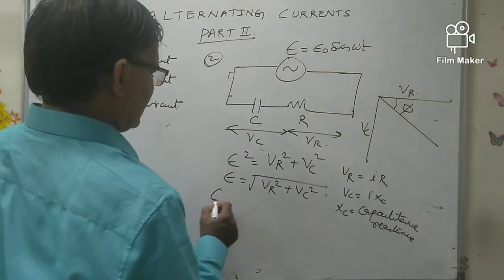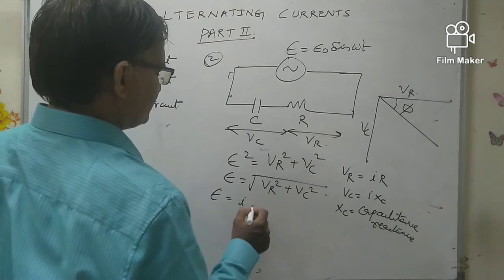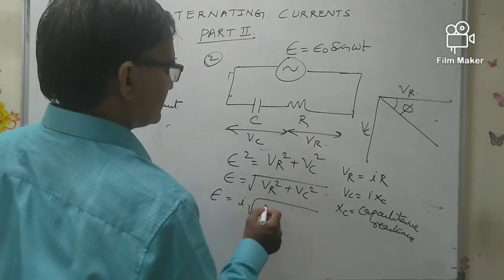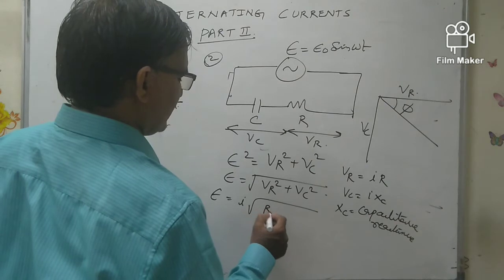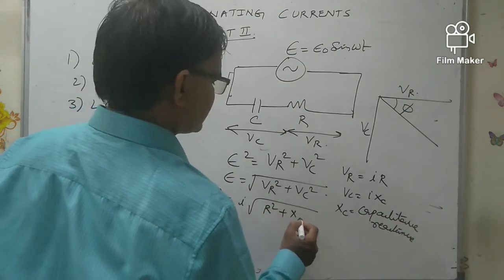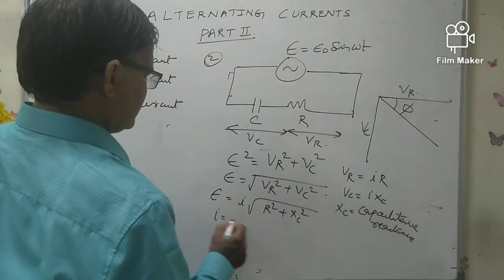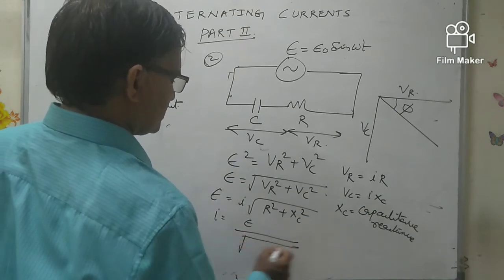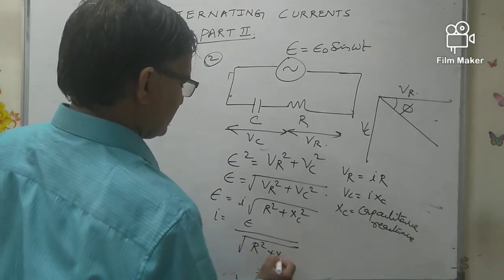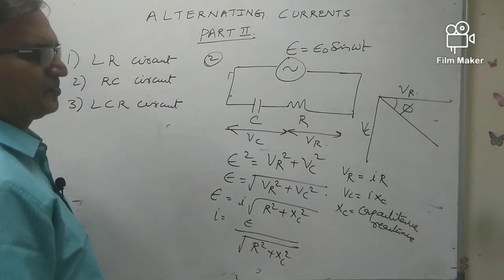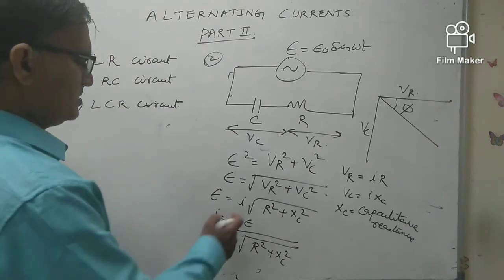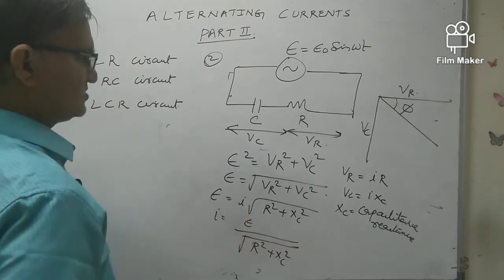Now here, E is equal to I into root over R square plus Xc whole square, so I is equal to E by root over R square plus Xc whole square. This is how you can find the current.